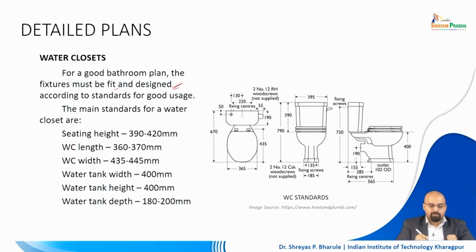However, in case of a water closet, you really need to understand that there are certain guidelines which should not be flouted. For example, the seat height should be within the 390 to 420 mm range, right? Else, if a person is sitting on this or getting up from this at a different height, he or she may slip, and larger issues would be created.